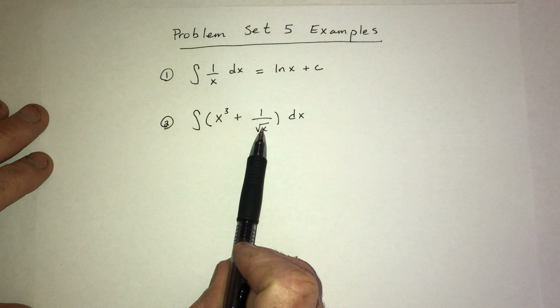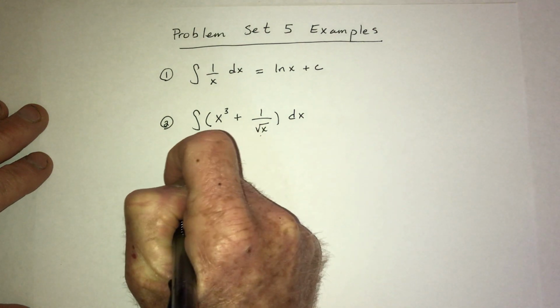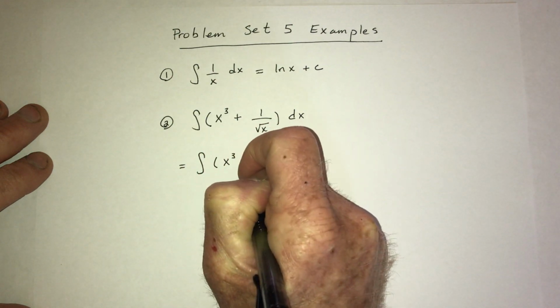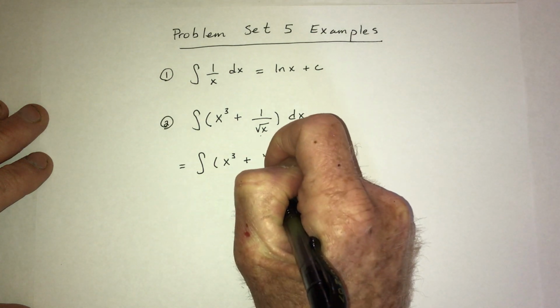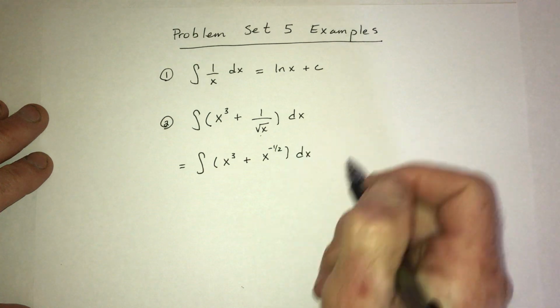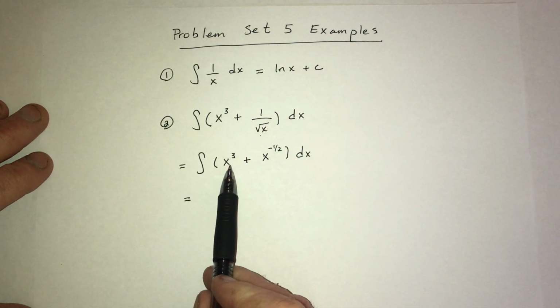I'm basically going to do the same thing with this one, but I'm going to rewrite this one first. So for now, I'll just leave the x cubed alone. And then for this one, I could rewrite that as x to the negative 1/2 power. Now we're ready to find each antiderivative separately.